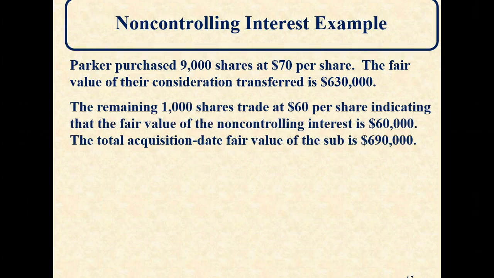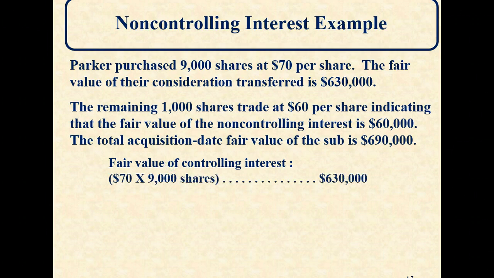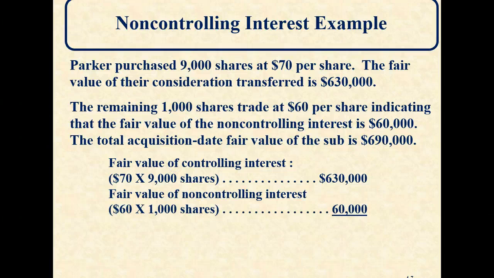We are going to assume, because it's telling us the stock is going for $60 a share, that's the fair value of the company. So we're paying more than that. We need to figure out how much in excess of the fair value of the assets is going to be attributable to goodwill. We purchased it for $630,000, and we're buying 90% of the business.